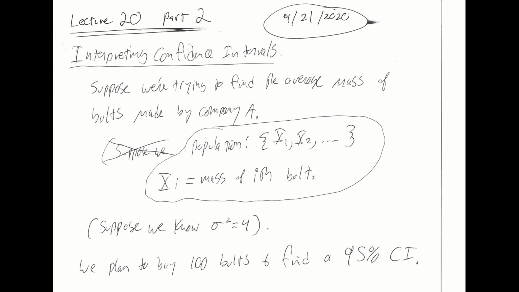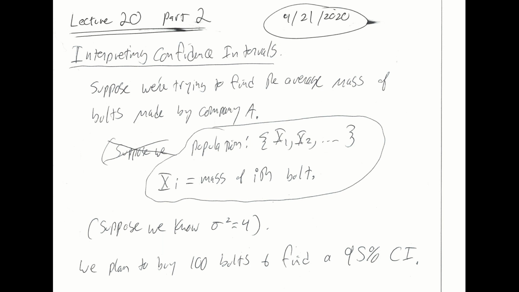We will also, as we mentioned last time, assume that we actually know the population variance. This is not a realistic assumption, but let's make it for the sake of simplicity for now. So suppose that we know the variance inherent in these bolt masses is 4. Maybe grams is the unit we're using here. I'm not too worried about units.